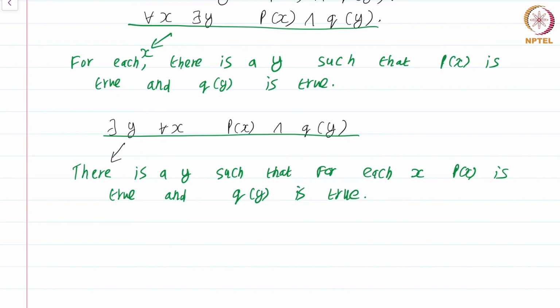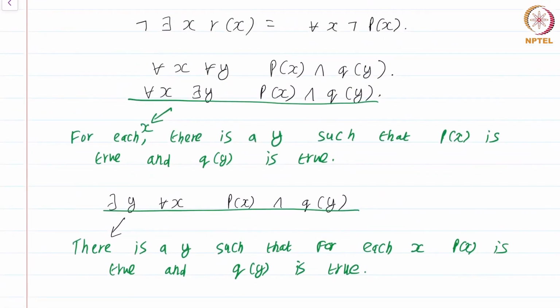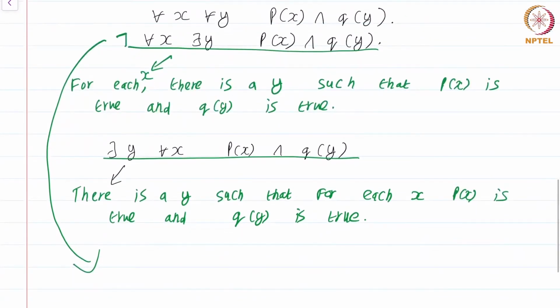Suppose you want to negate this statement. What does that mean? That means you want to assert that the statement for all x there is y, p of x and q of y, is false. How can that be false? Well, remember how to negate.